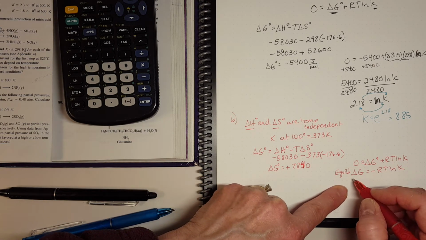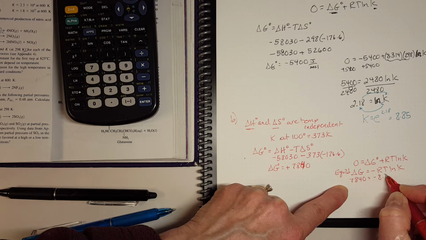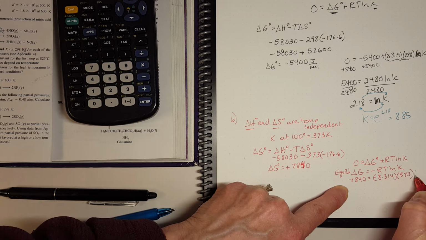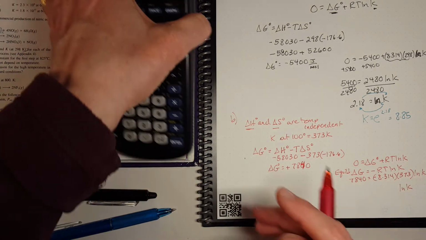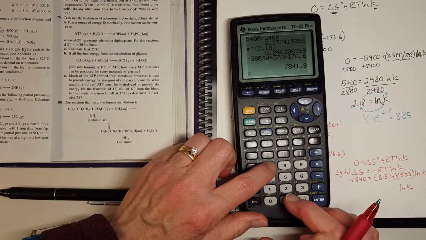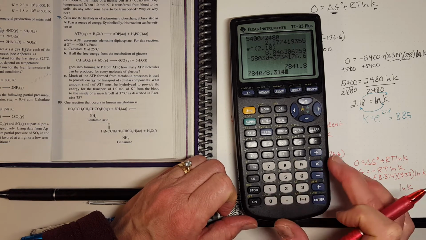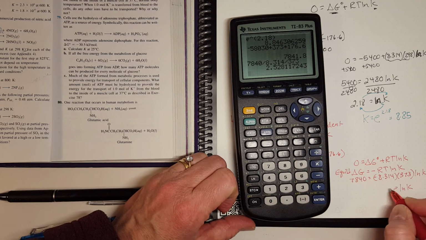And so we're trying to find K, so we're going to say 7,840 equals negative 8.314 times 373 times the ln of K. And I'm going to divide 7,840 divided by 8.314 divided by 373. And we get ln K is equal to 2.53.